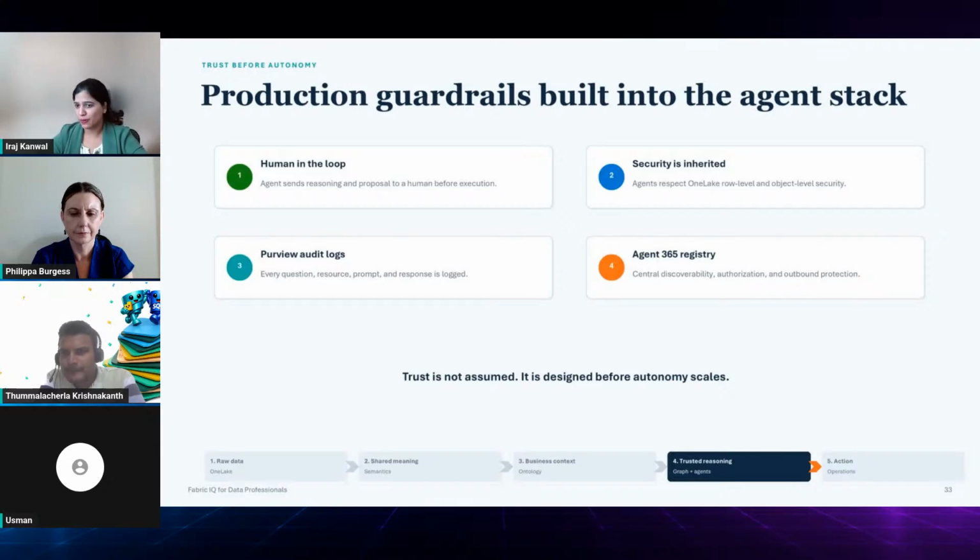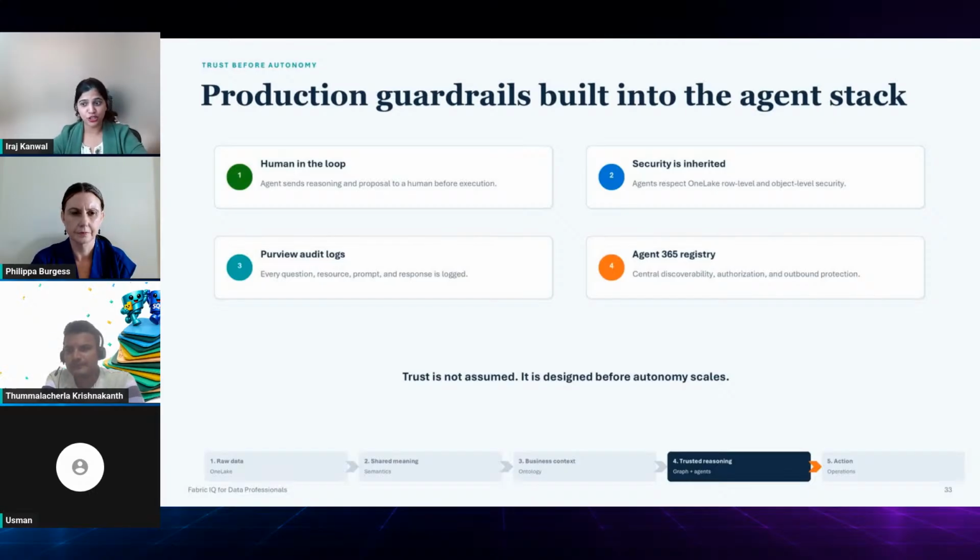Human in the loop is one important pattern, where the agent can detect a condition, explain its reasoning, and send a proposal to a human for approval. That gives the organization a way to learn and build confidence before moving to higher autonomy, right? And then we also have to make sure that security inheritance is in place.